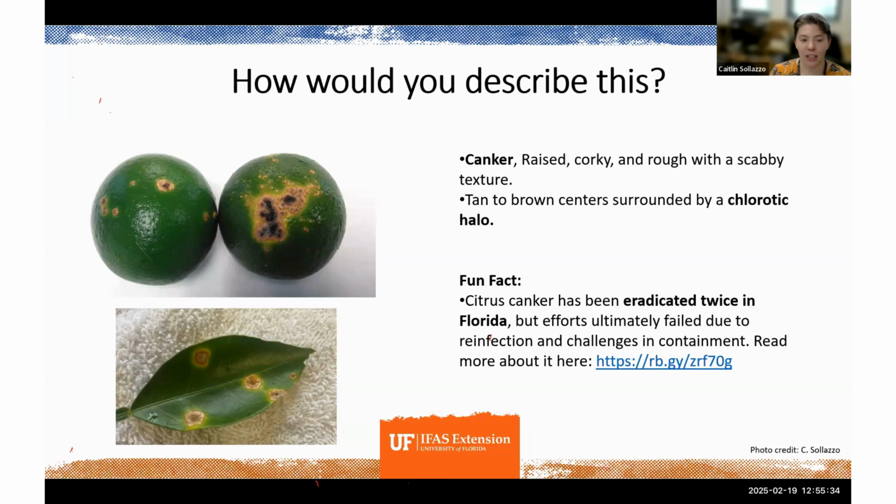And also people really were opposed to the USDA coming in and cutting down their backyard citrus trees because they had canker in them. So a lot of reasons, but ultimately it failed to be eradicated. So now citrus canker is all over Florida. But ultimately it's not that big of a deal because shortly after that, citrus greening came in and that kind of made canker look not as bad in comparison.